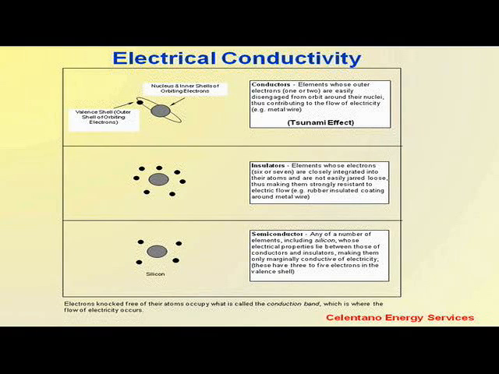Now in between we have semiconductors. Semiconductors typically have about 3 or 4 or 5, but 4 is best, 4 electrons in their valence orbit. And so under certain conditions they're going to act more as an insulator, under certain conditions they're going to act more as a conductor.